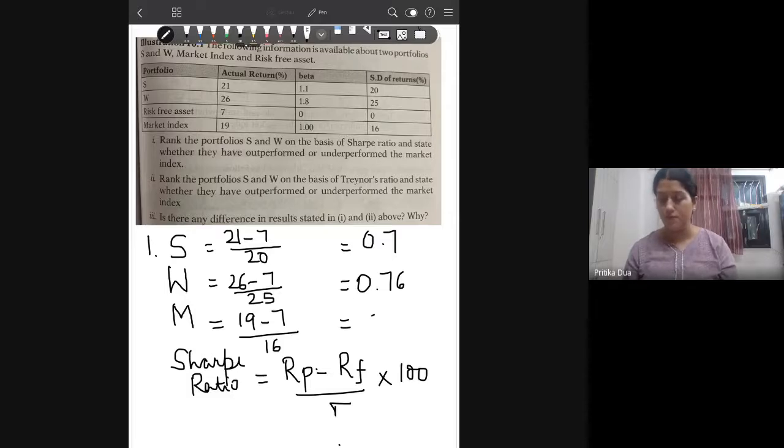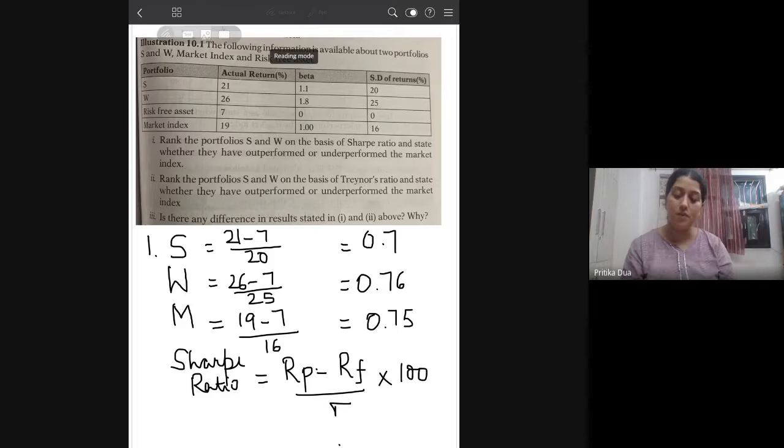So you are getting absolute values. 0.7 is the Sharpe ratio for portfolio S. For portfolio W, it is 0.76, and for the market index, it is 0.75.